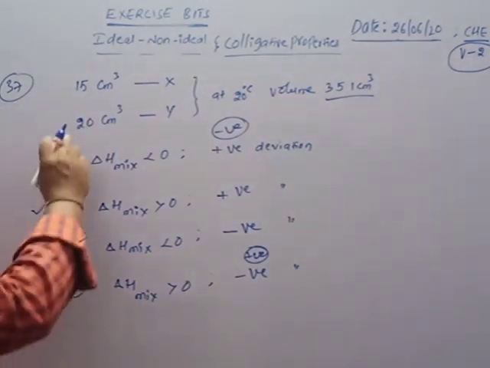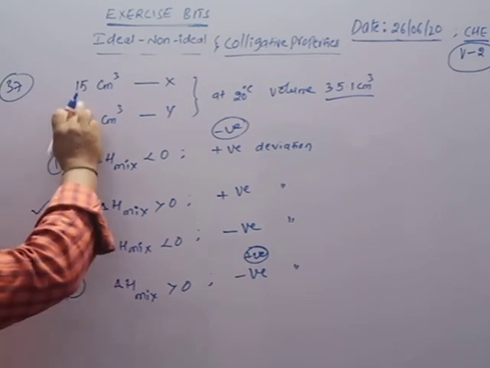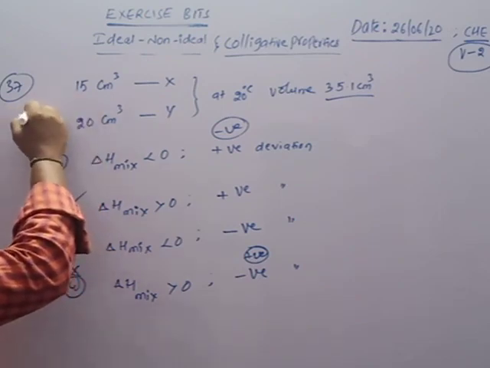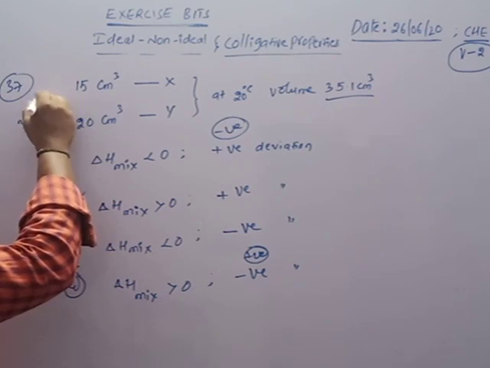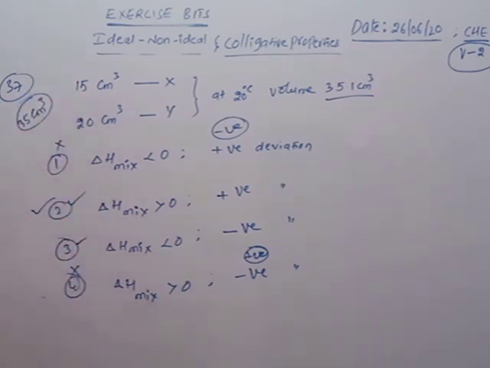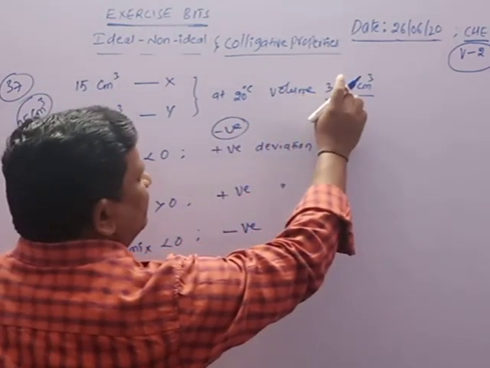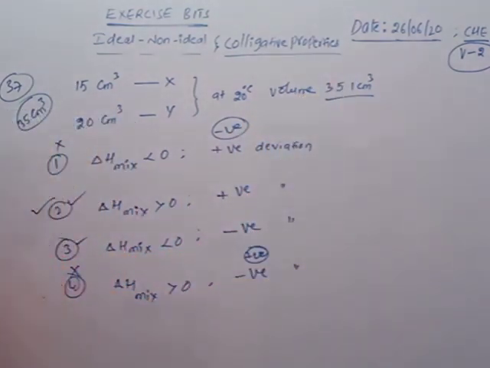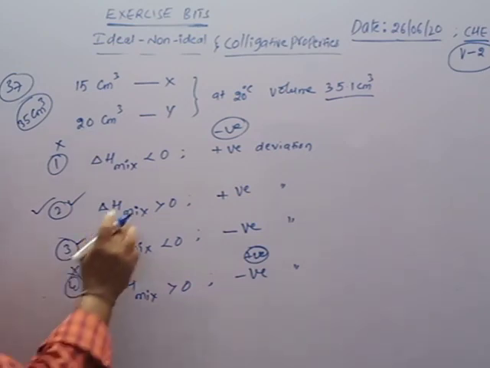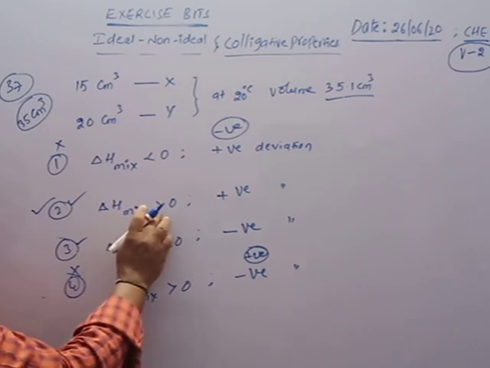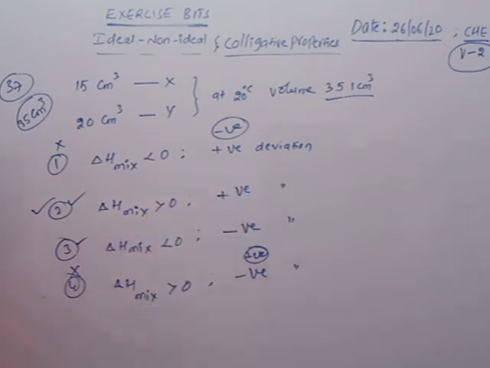Actually, it should be 20 plus 15, that is 35 centimeter cube, but the value given is 35.1 centimeter cube. It means it is a greater value. So delta H mixture is greater than 0, and it shows positive deviation. So the second option is correct.